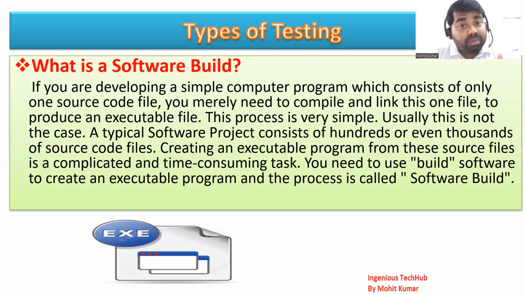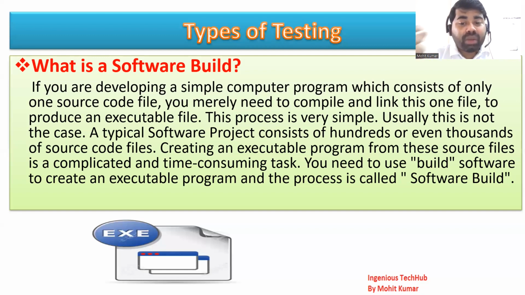That process is very simple with just one file, like creating one Java file or one program. But a typical software project consists of hundreds or even thousands of source files. For example, if you look at the Amazon application, which is a big application, there might be 101,000 source files.